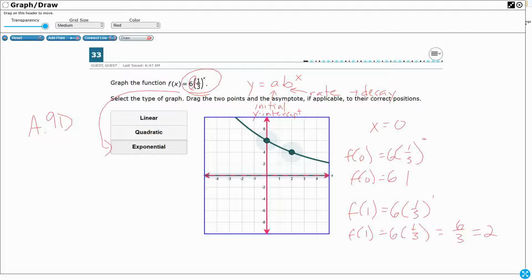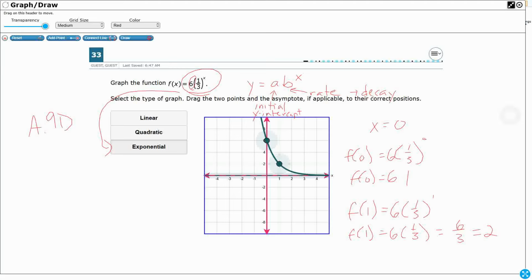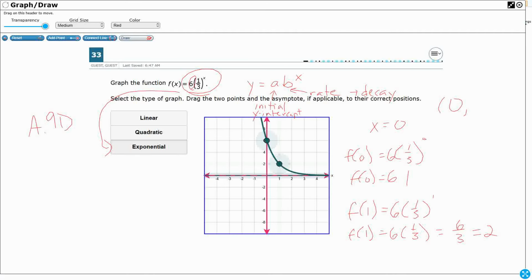If I get that right there, I now have my exponential function. So the 2 points that I took were x of 0, y at 6, because I get that from this right here. And then I took f of 1, and it came out as 2.